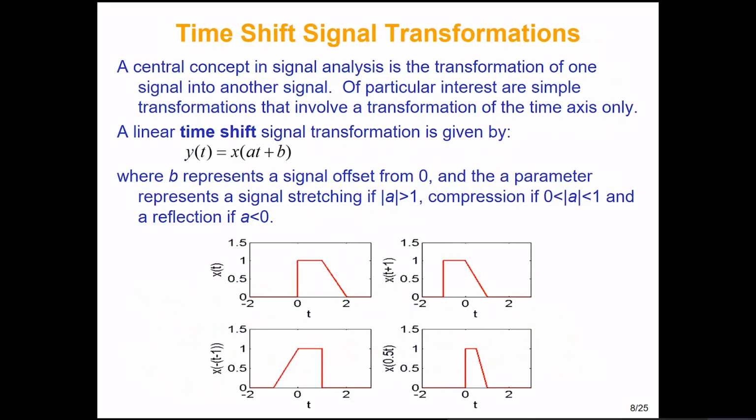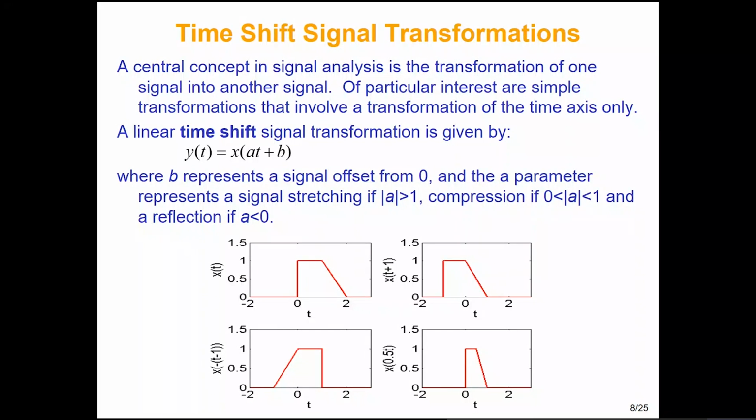Okay, this thing is important and we are going to spend some time on this. Although these things you may already know from the high school mathematics that you have done so far. This is the concept of time shift and transformations. So what are we going to see here?